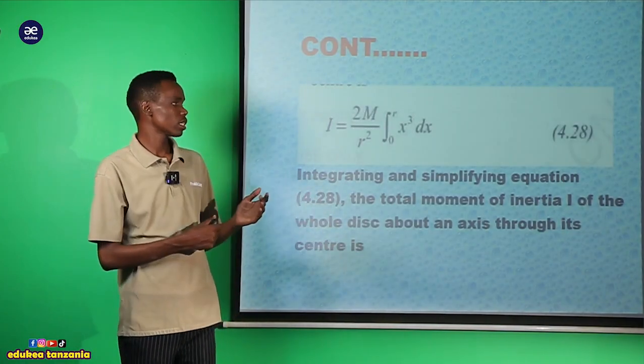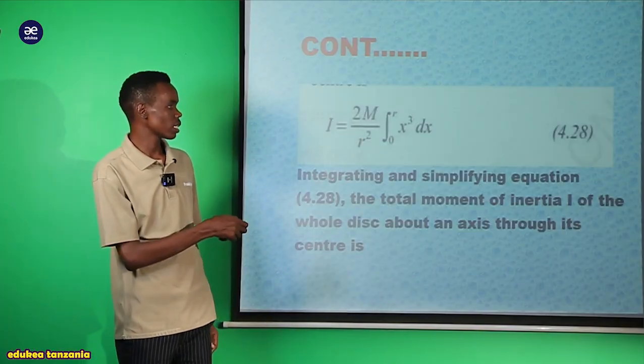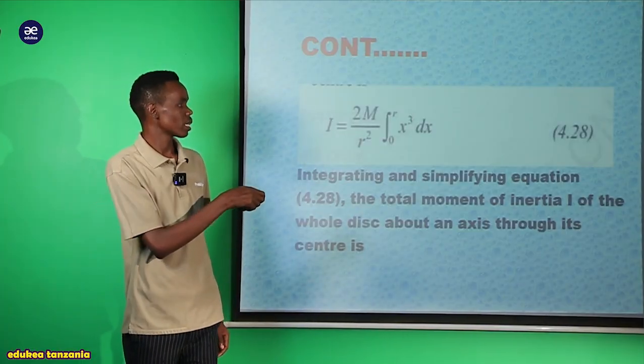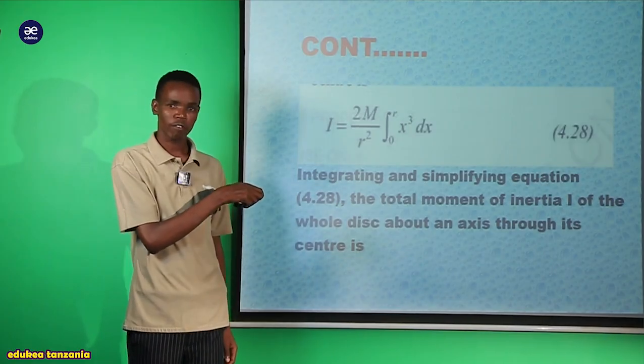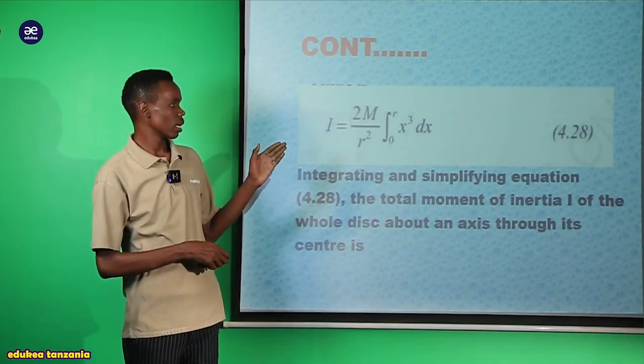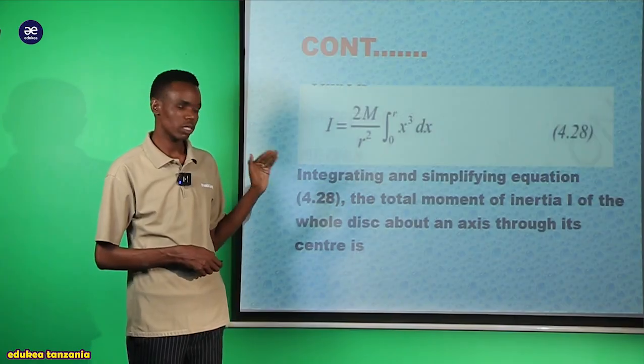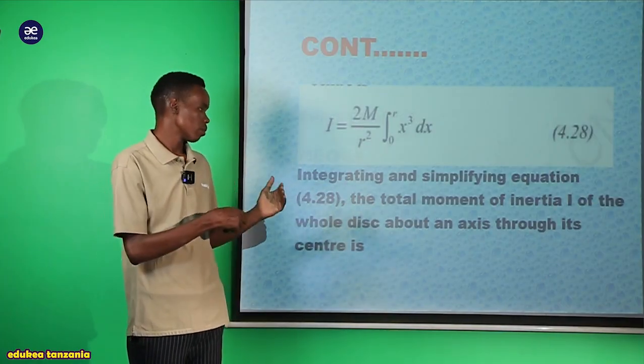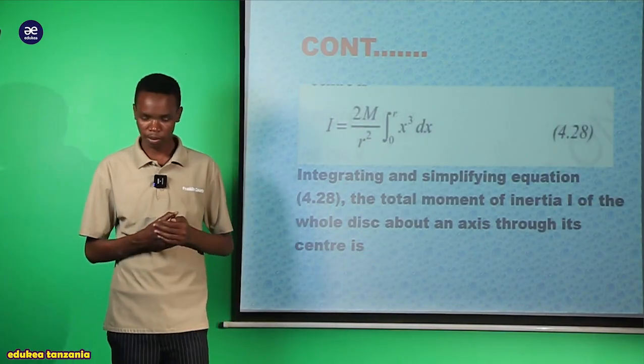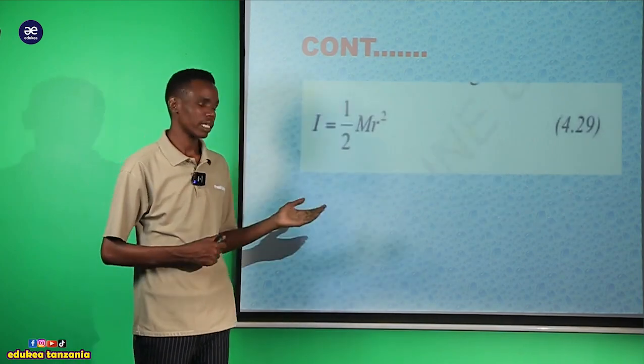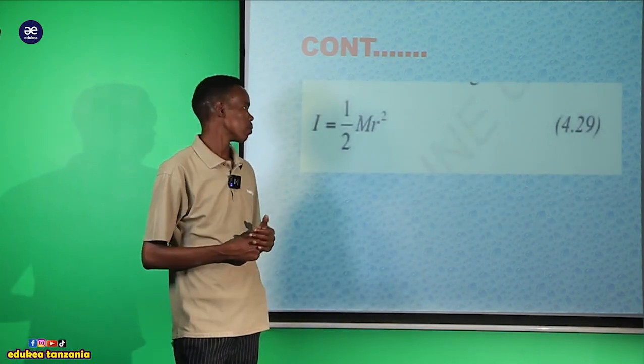We should integrate with respect to dx. After integrating here, what we will get is x power 4 divided by 4. But the limit changes, from 0 to r, and the formula we will get after simplifying there is that the moment of inertia will be equal to half m r square.